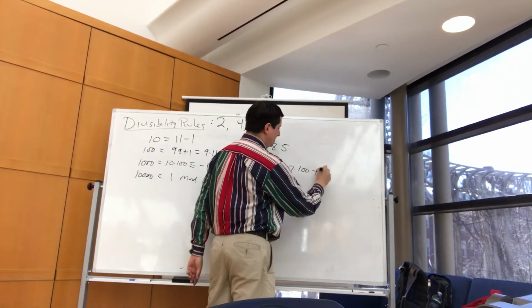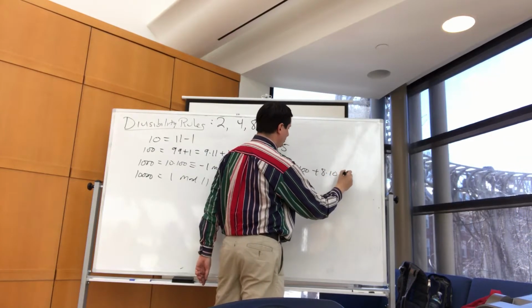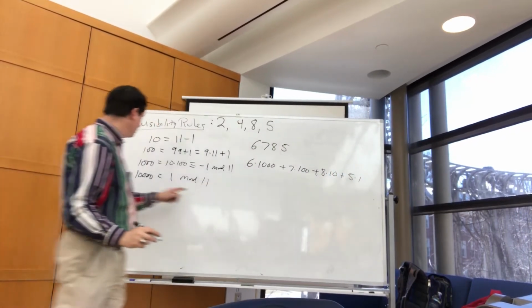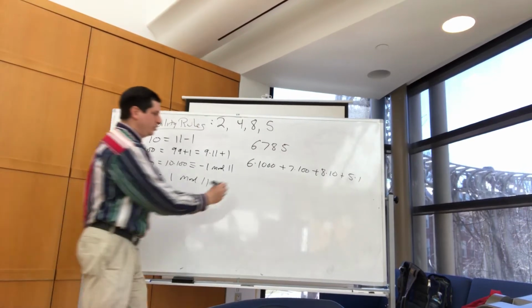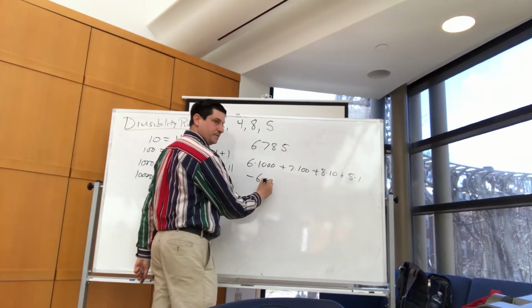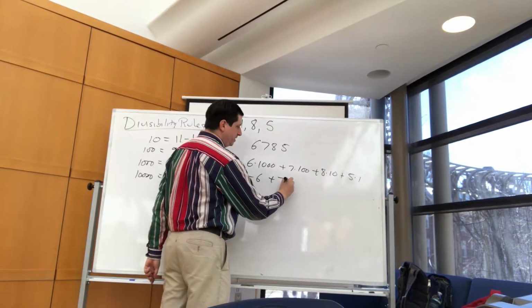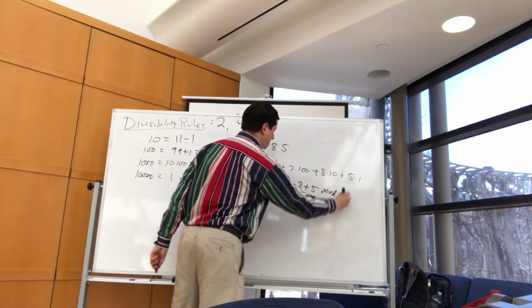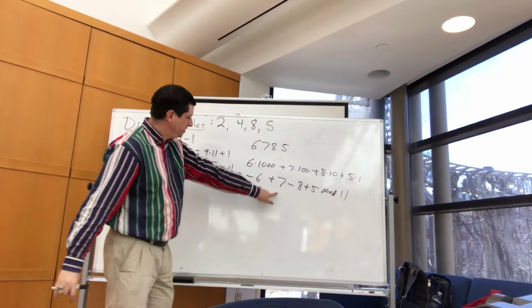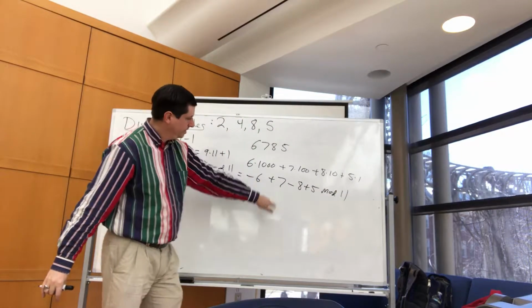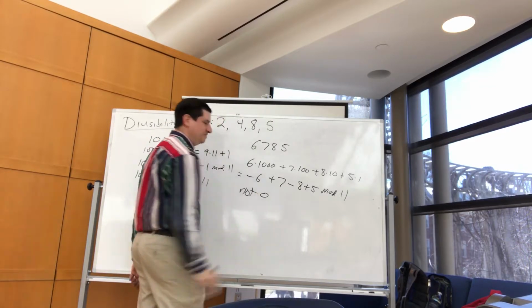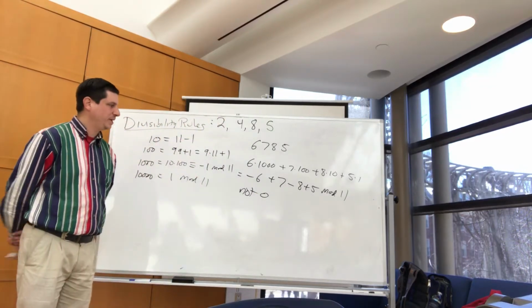I would think of that as minus 6 to begin with. So if you want to do it correctly, 1,000 is going to be negative 1, so it would be negative 6 plus 7 minus 8 plus 5 mod 11. And so when you add that, this gives you a +1, and this gives you a -3, so it's not 0. So therefore it's not divisible by 11.